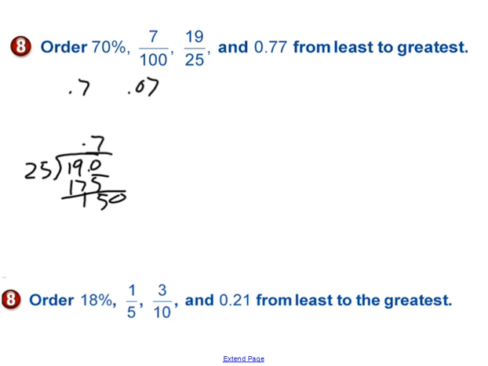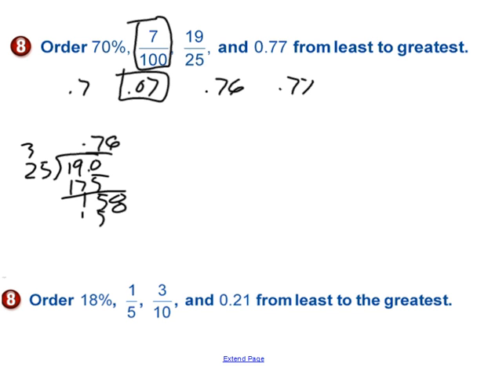Subtract, bring down a zero, 25 will go in there 6 times. So that'd be 0.76. And the last one is 0.77. Looking at this, I can see that 0.07 is the smallest, so that number's smallest, 7 out of 100.